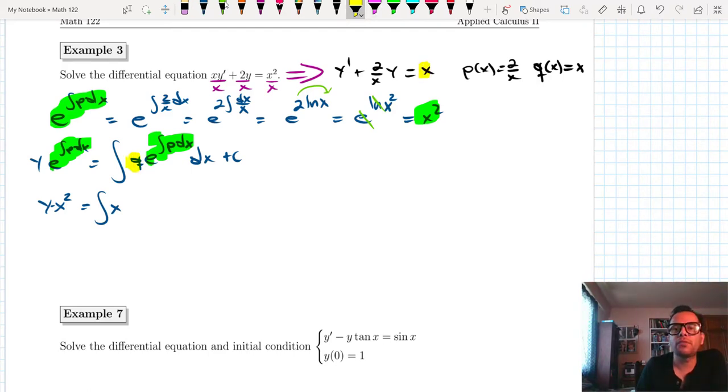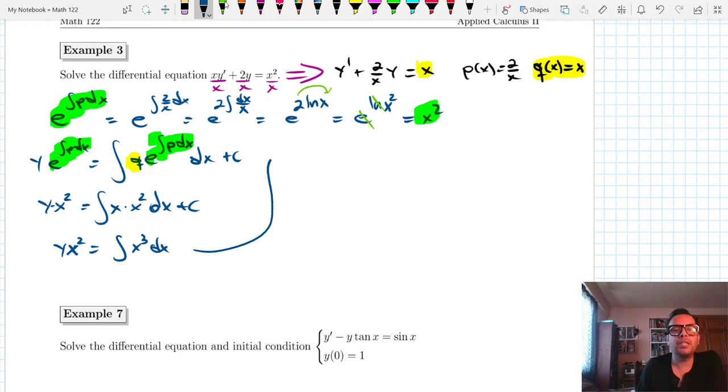Q comes from here, and x squared, the quantity in green, plus c. Multiplying these together, we get y x squared equals the integral of x cubed dx. I forgot the dx over here. So when we integrate this quantity, we get y x squared equals x to the 4th divided by 4 plus c.